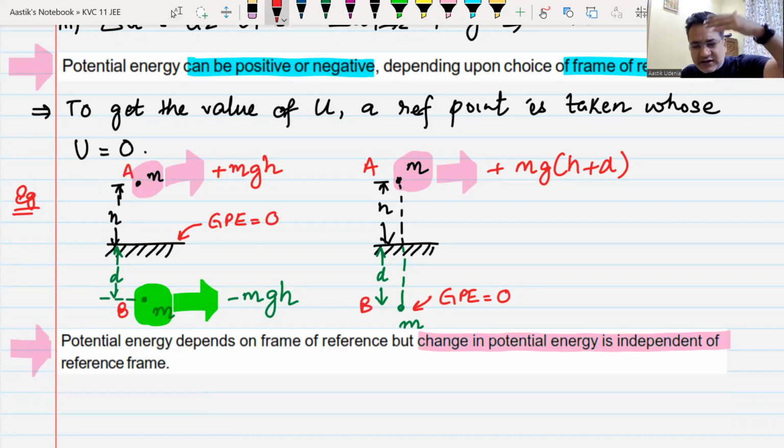A is at a higher potential, B is at a lower potential. The difference in potential energies between A and B will always remain mg into (h plus d). It doesn't matter which point I call 0 or which point I call not 0. The difference in potential energy does not depend on the reference frame, and that is why the difference in potential energies is defined.